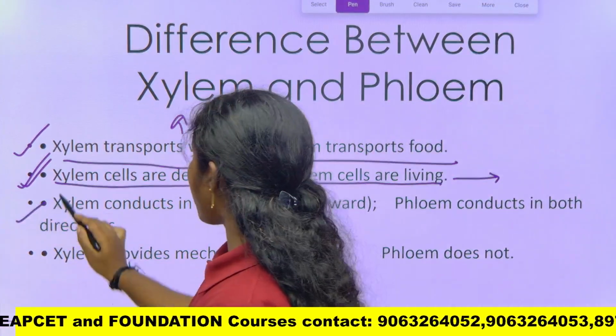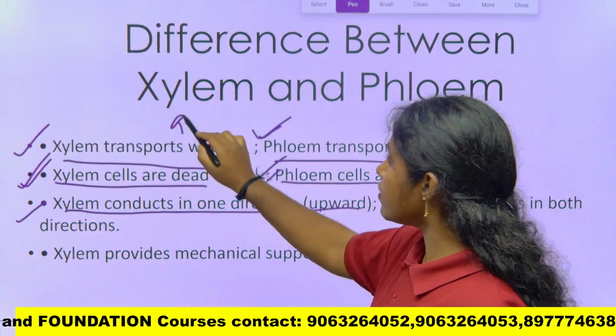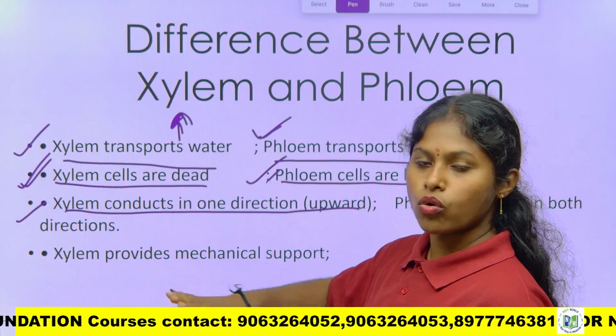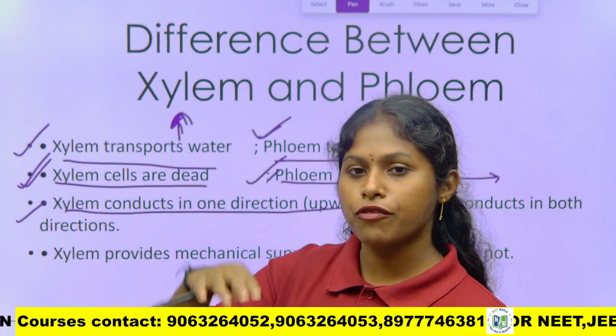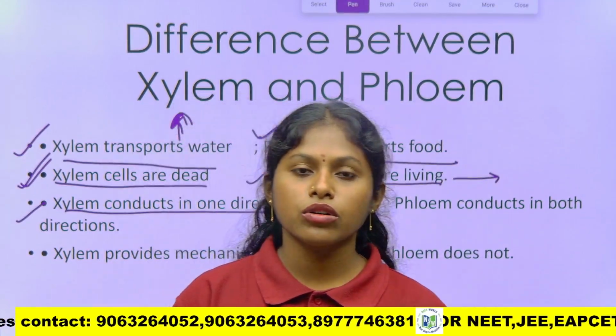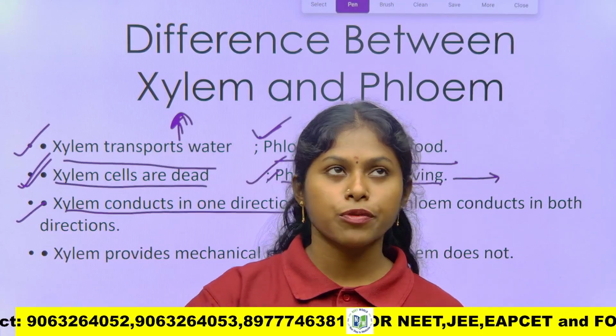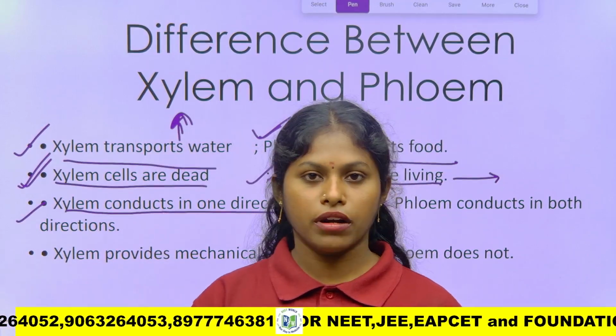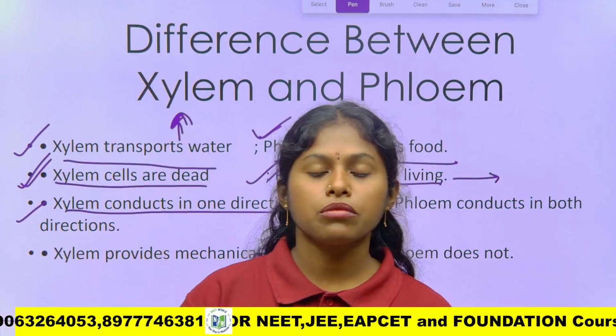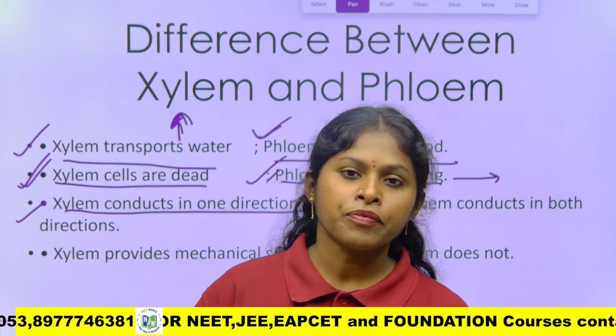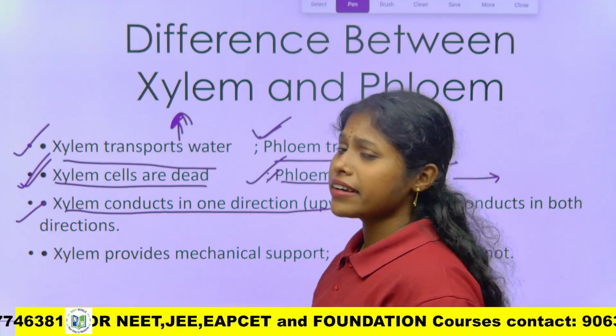Coming to the next point, xylem conducts in only one direction. I also said it conducts only one direction, from the ground upwards. The water absorbed through roots is transported through the tissue called xylem, through the tracheids, vessels, xylem parenchyma and xylem fibers.